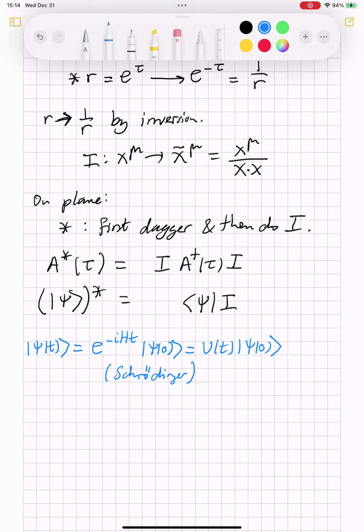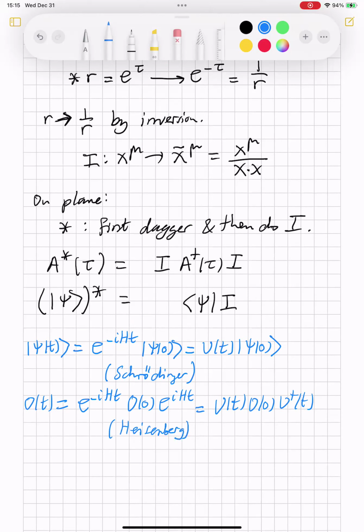On the other hand, in Heisenberg picture evolution, we had e to the minus iHt, O of naught, and then we had e to the iHt. So this was U of t, O of naught, U dagger of t. And this is what we had in the Heisenberg picture evolution.